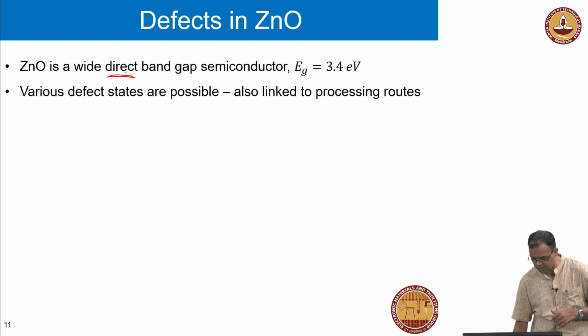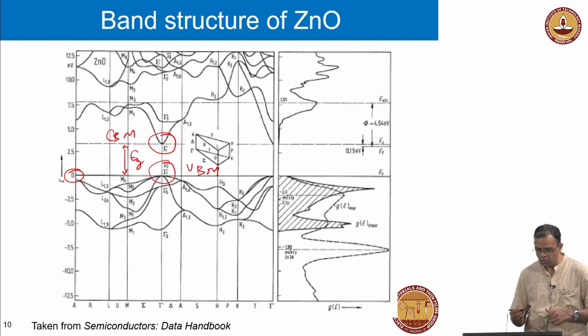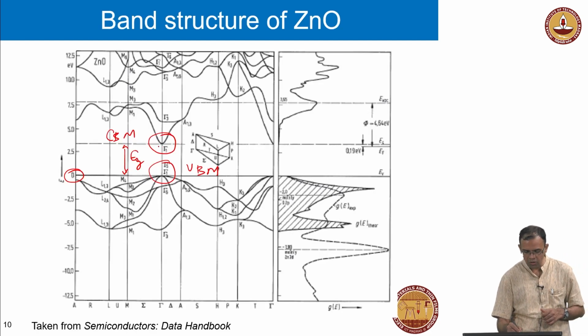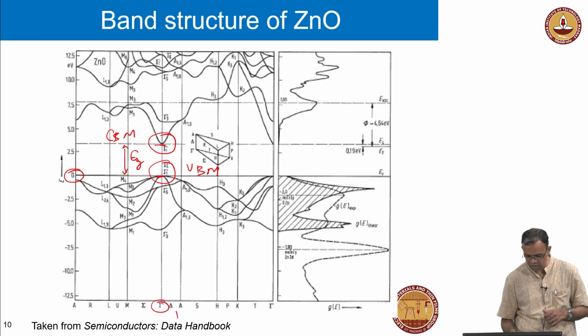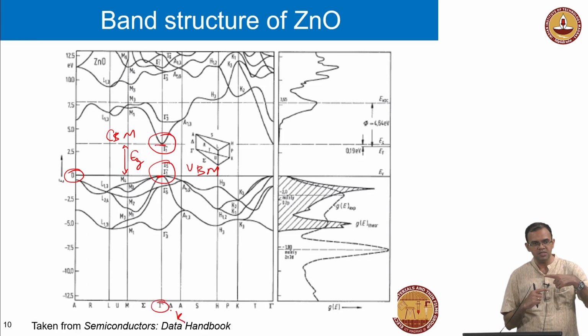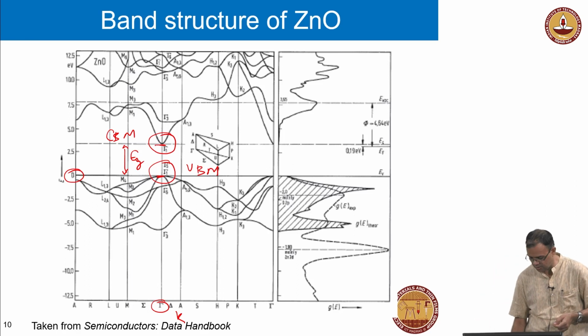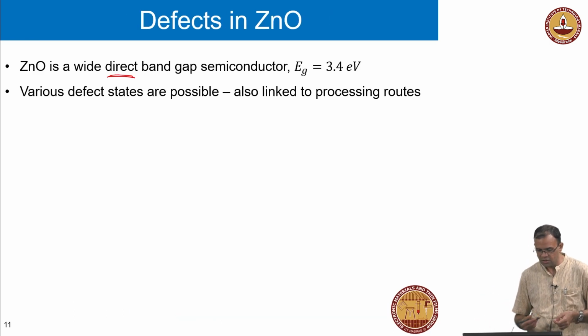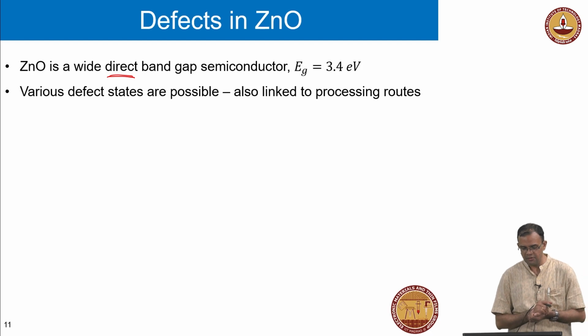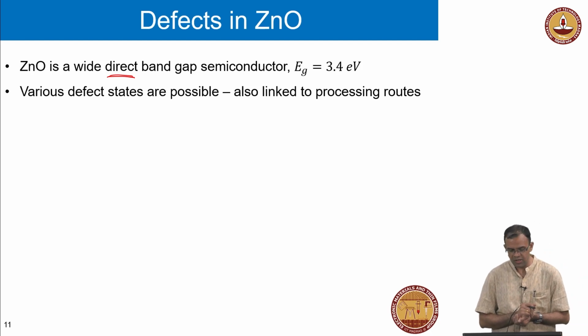Just to show you what direct means, I can see that the top of the valence band and the bottom of the conduction band lie at the same value of K. So this is nothing but a K point. When that happens, we call it a direct band gap. If not, it's an indirect band gap semiconductor. So zinc oxide is a wide direct band gap semiconductor.